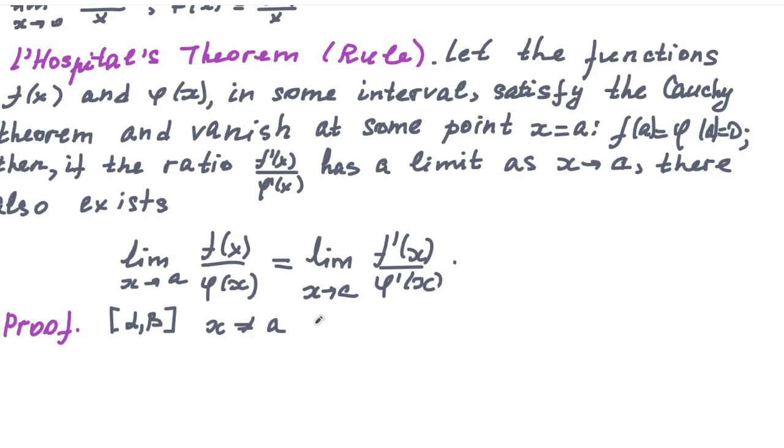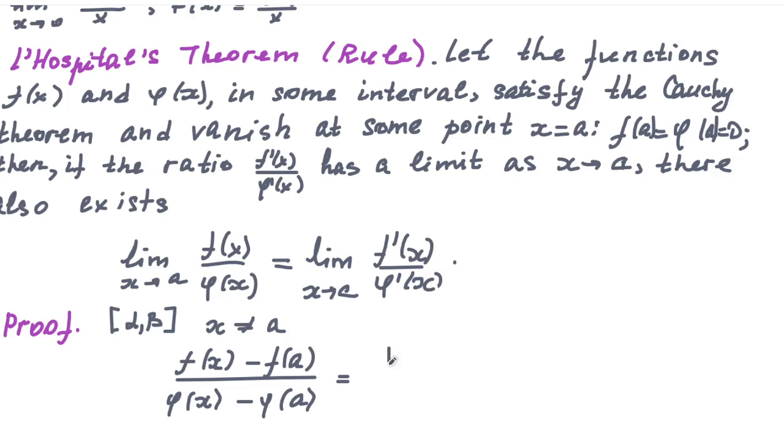Applying the Cauchy formula, we have f of x minus f of a over phi of x minus phi of a is f prime of c over phi prime of c, where c lies between a and x.